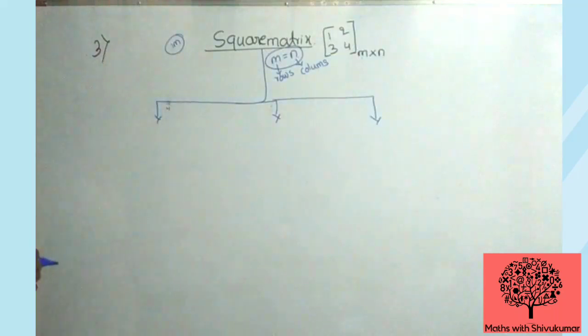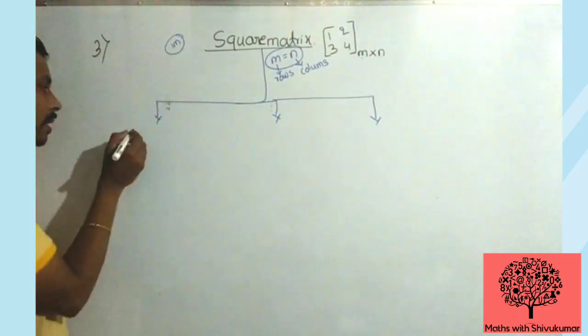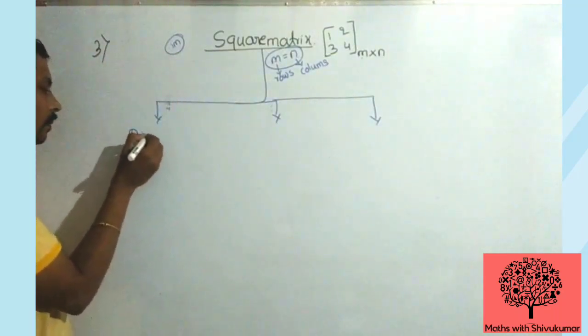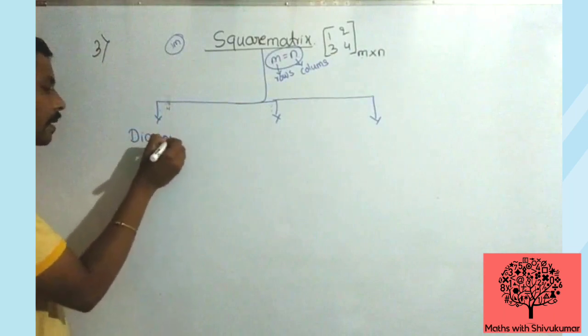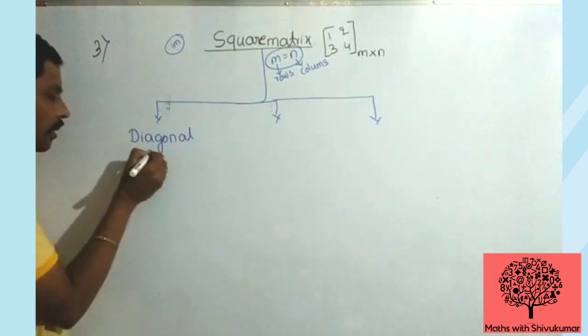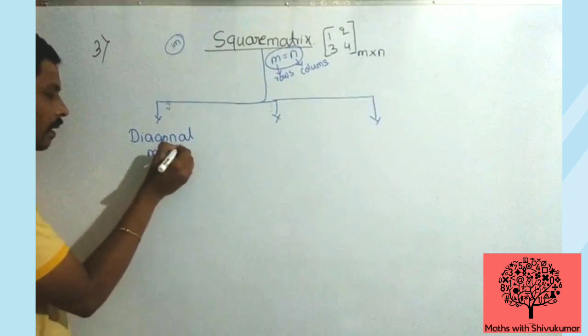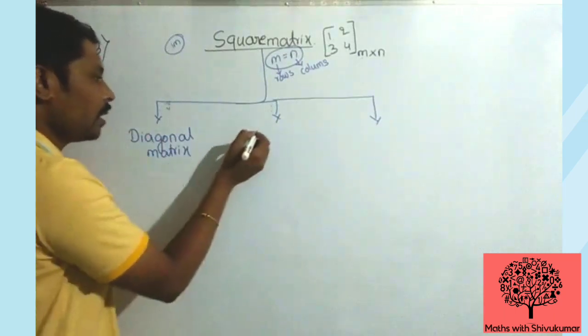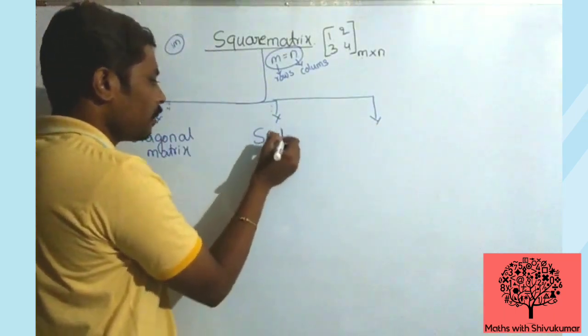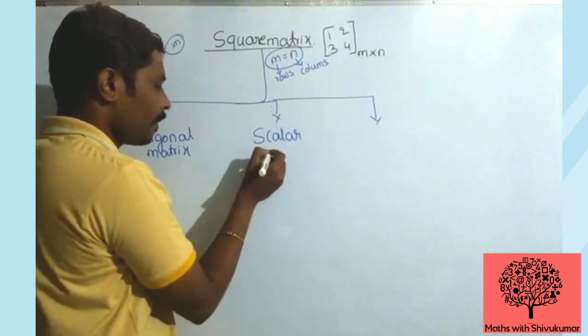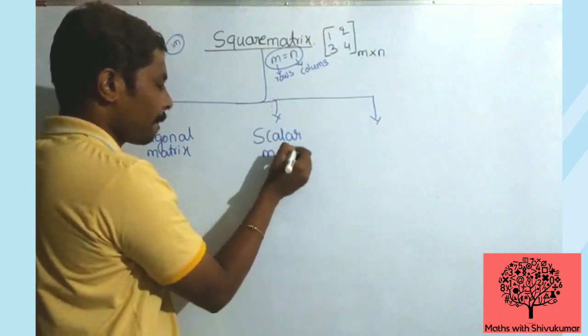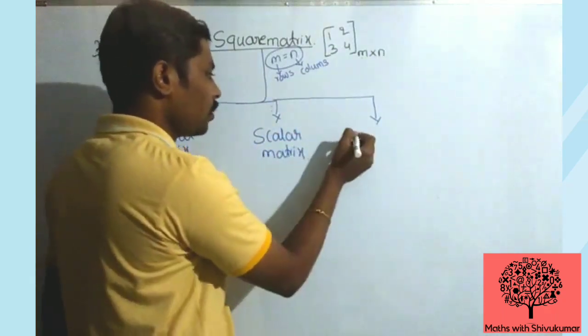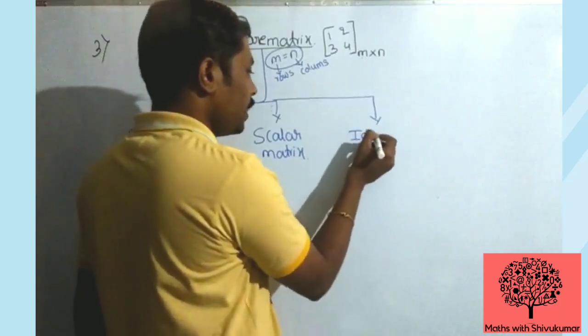Then it is a square matrix. So here I will discuss diagonal matrix, an important definition. Then scalar matrix. Another one, identity matrix.